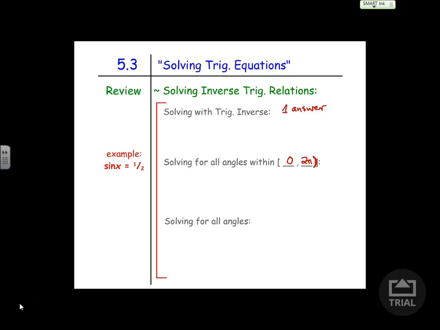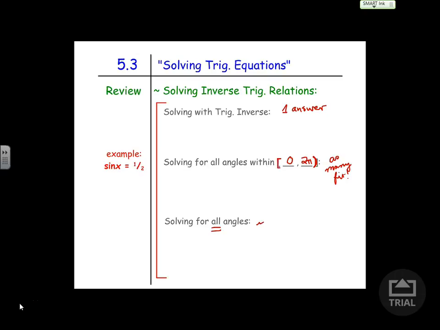You're going to be solving for as many as fit. So it could be multiple answers. The first one, one answer alone. The second one, as many fit. And then all angles, just all, no restriction like up above here with 0 to 2 pi.